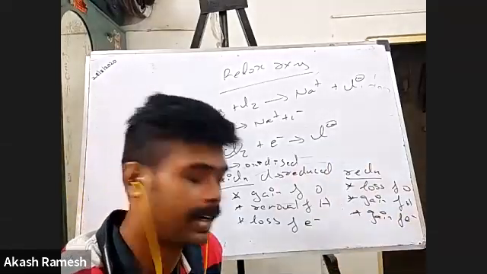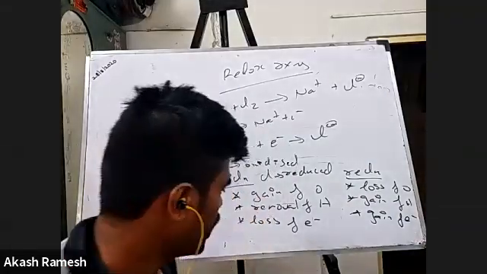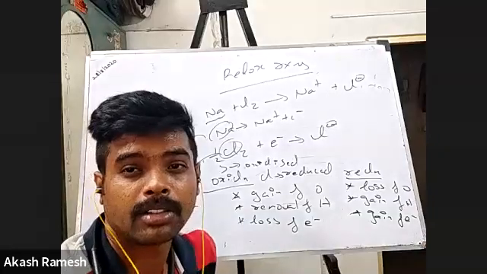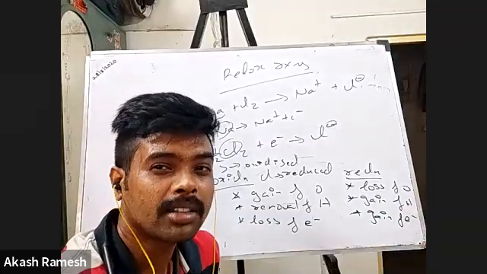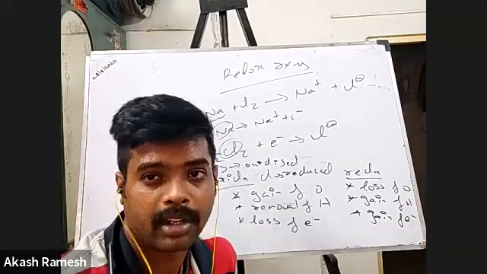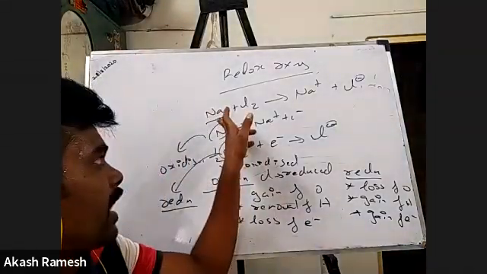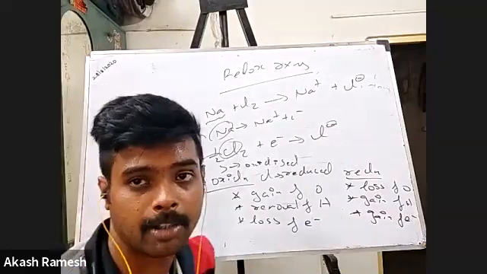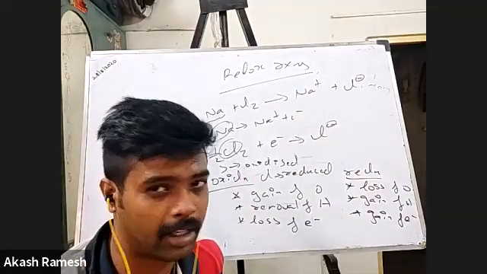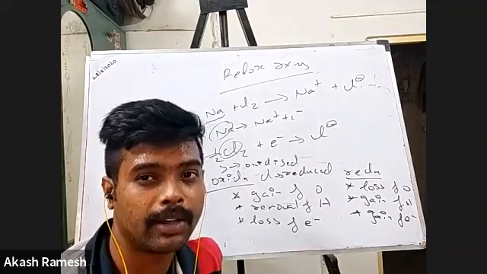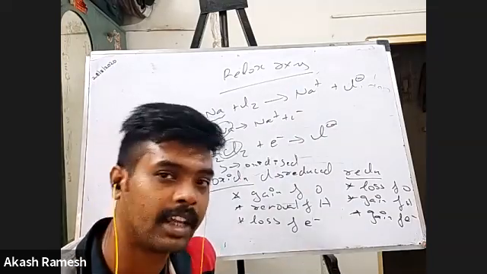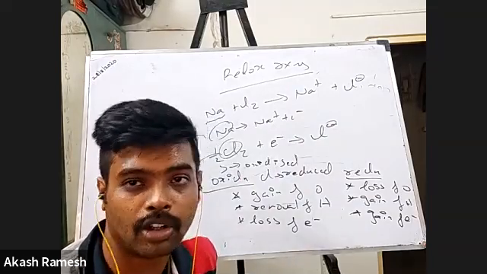Why do we have this loss of electron and gain of electron? Because oxidation and reduction need not involve oxygen and hydrogen in the reaction at all, just like here: Na plus Cl2 giving Na plus Cl minus. There are no hydrogens, no oxygens. So we need definitions of oxidation and reduction even if you don't have hydrogen or oxygen in the reaction.